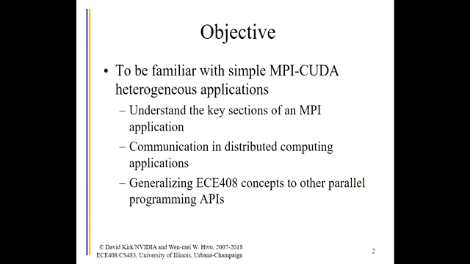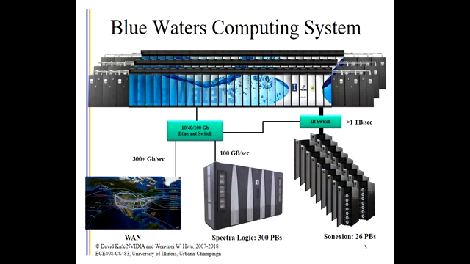But once you look at it in a more systematic way, you will see that these programming interfaces are essentially the same thing. So I want to introduce some of the communication mechanisms in distributed computing applications and help you generalize ECE 408 concepts to other parallel programming APIs, or application programming interfaces.